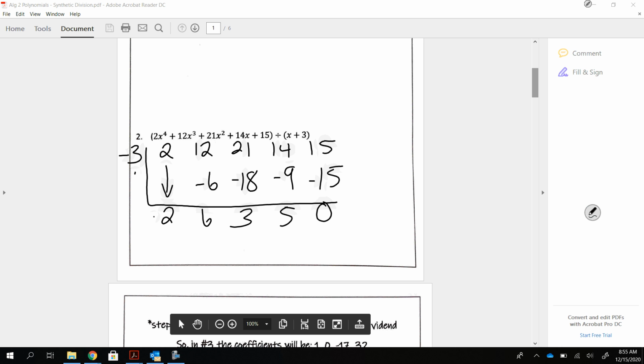Now we assign each of these coefficients to the new answer, and we make sure to drop down 1 in our exponent. So it was x to the 4th, so our answer is going to start with x to the 3rd. So 2x to the 3rd, plus 6x to the 2nd, plus 3x, plus 5.